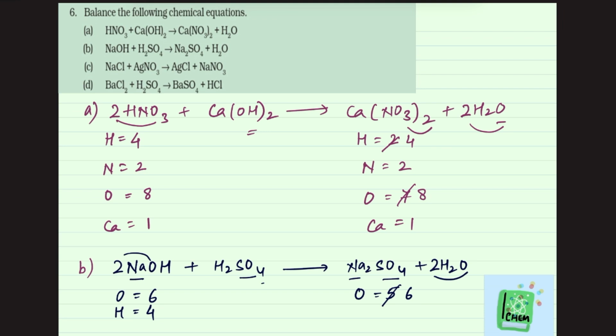On the product side, the number of hydrogen atoms is 2 into 2, 4. So oxygen, hydrogen, sodium balanced, and number of sulfur atoms on the reactant side is 1 and number of sulfur atoms on the product side is also 1. So this reaction is balanced.